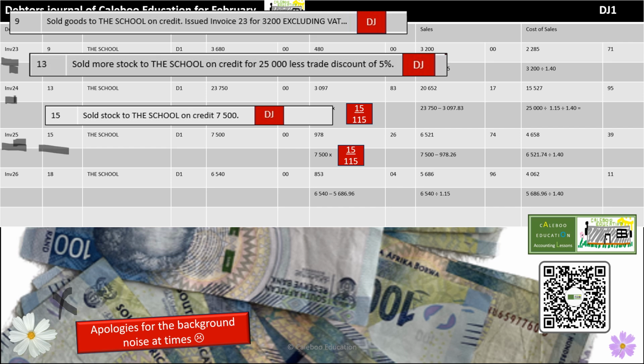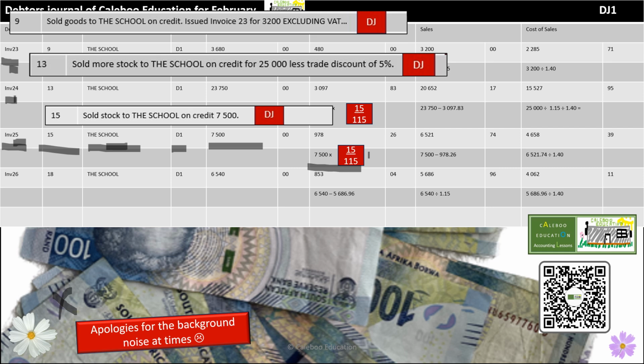Remember, a debtor, same as accounts receivable. So on the 15th, the debtor or the account receivable is the school, the debtor, the Folio D1. The amount including VAT, they gave us 7,500. To calculate the VAT, we say 7,500 multiplied by the VAT fraction, 15 over 115.